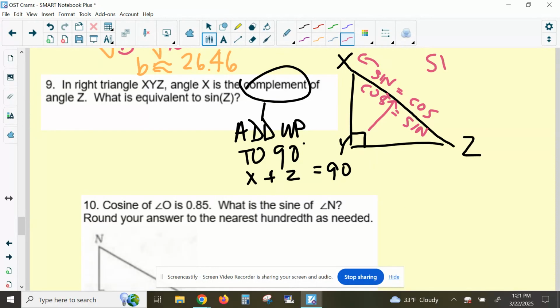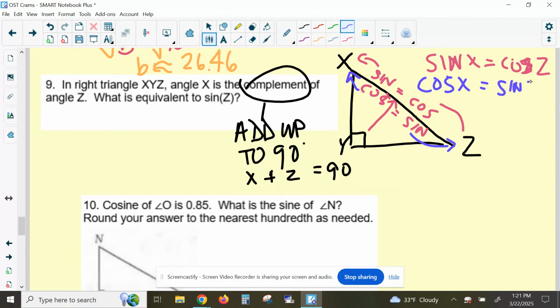So that means sine of X equals cosine of Z. And if you use the bottom things, cosine of X equals sine of Z. Remember, it's just sine and cosine. No tans going on for this.